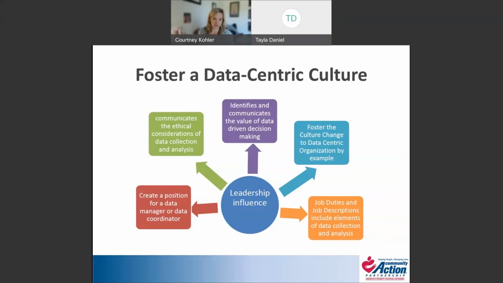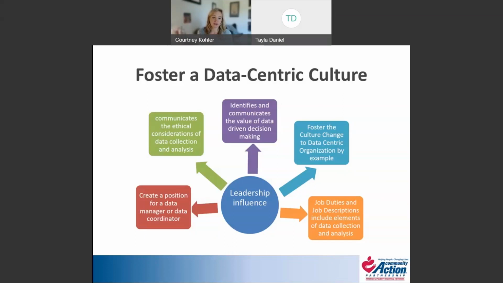So there's the position creation, or being more articulated about job duties and job descriptions. We already talked about that. But even communicating ethical considerations of data collection and analysis. So making sure that we're being ethical and confidential with data, identifying and communicating the value of data-driven decision-making. We talked a little bit about that one.